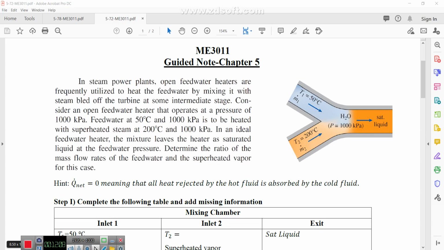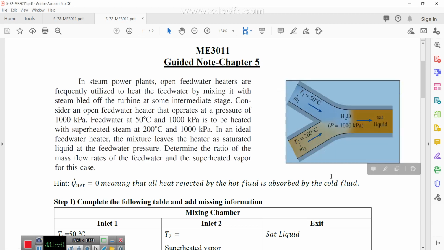So look guys, to design this kind of mixing chamber, we normally assume that the Q dot net to the surrounding is 0. There is no heat exchange between the mixing chamber and surroundings. So if you select the whole mixing chamber as a control volume, then you can assume that the Q dot net is 0. Okay, please spend 2 minutes, guys.